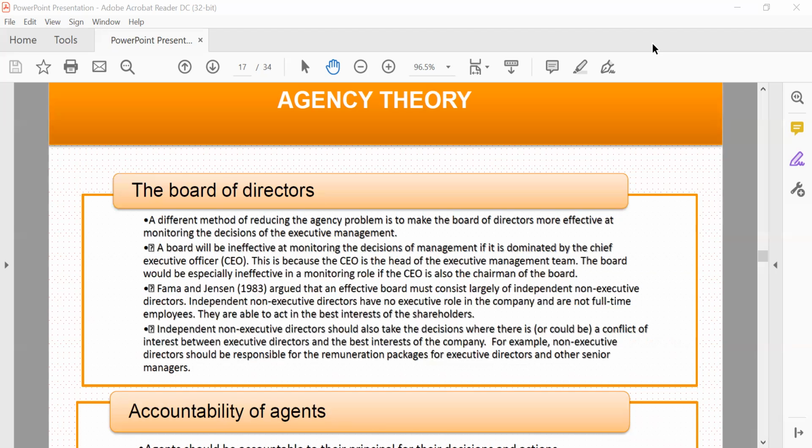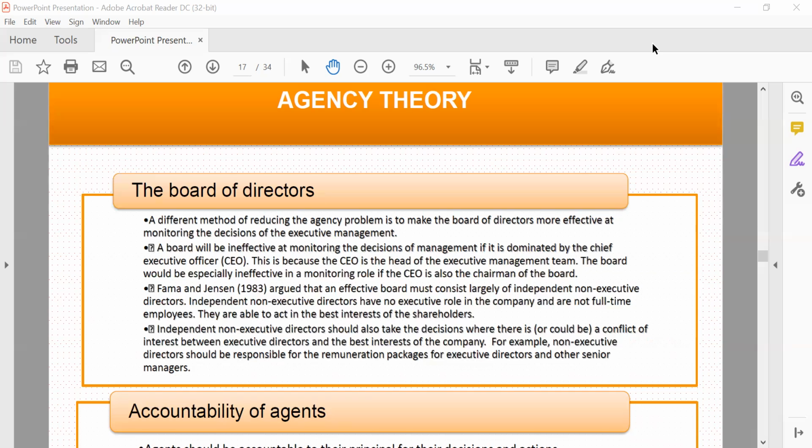A board, for instance, will be ineffective at monitoring the decisions of management if it's dominated by the chief executive officer. If the CEO is the dominant figure on the board, it will be ineffective at monitoring.